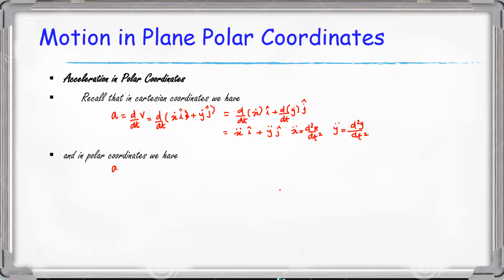Okay, so in polar coordinates, a can be written as d by dt of v.